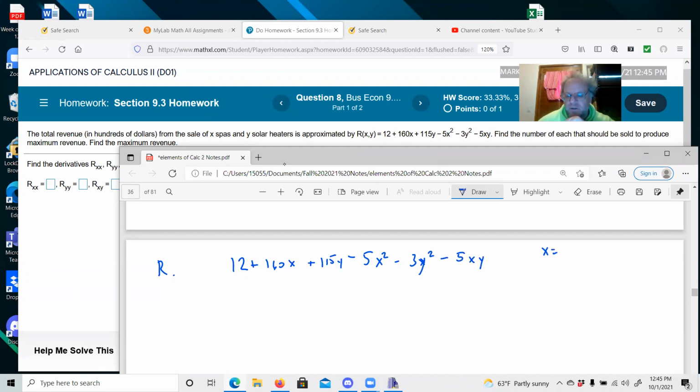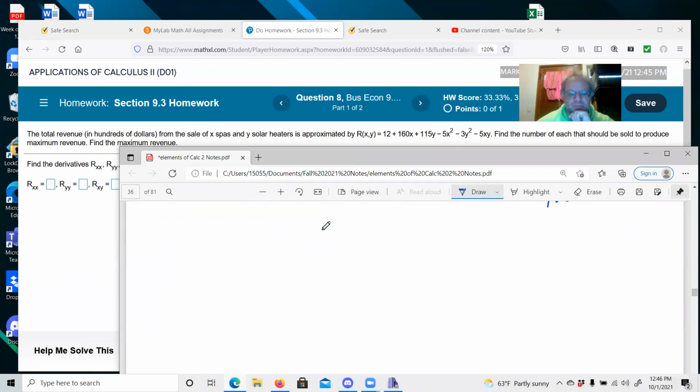Here x is equal to the number of spas sold, y equals the number of heaters sold. It's a good idea to note your variables as you're doing this.